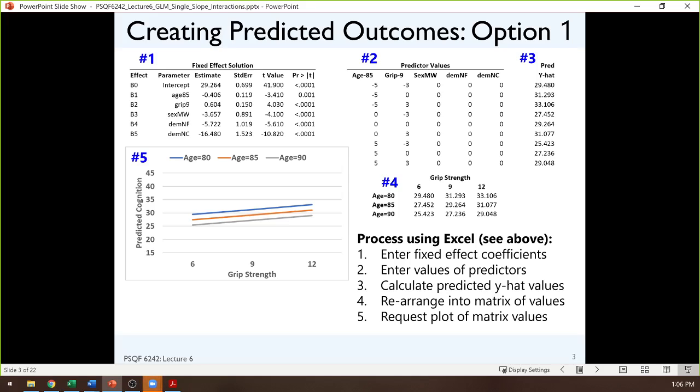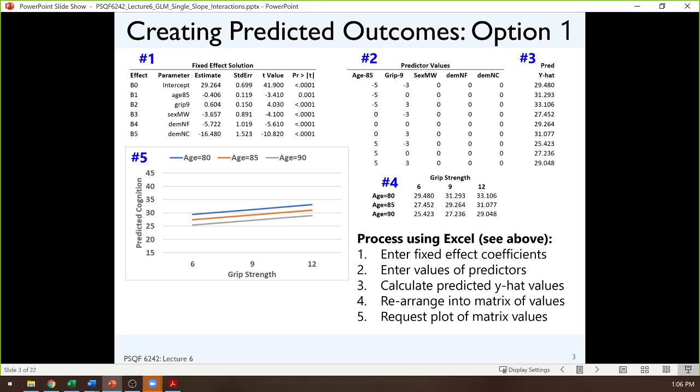Not a coincidence. No, because the way this model is phrased is that there is an effective age and there is an effective grip strength. And this is foreshadowing what we're going to get to. There's nothing in the model that says that the effect of age depends on how strong you are, or that the effect of how strong you are depends on how old you are.